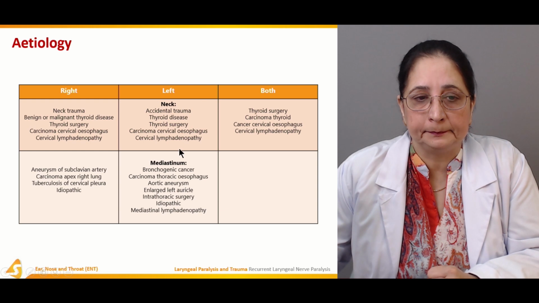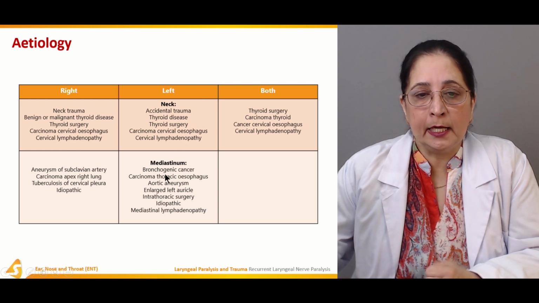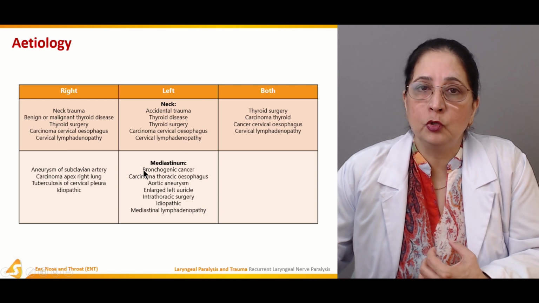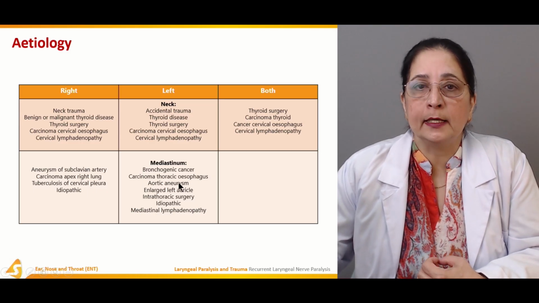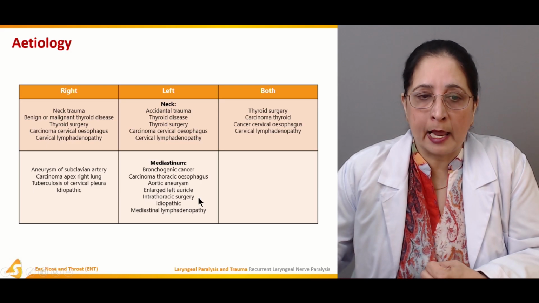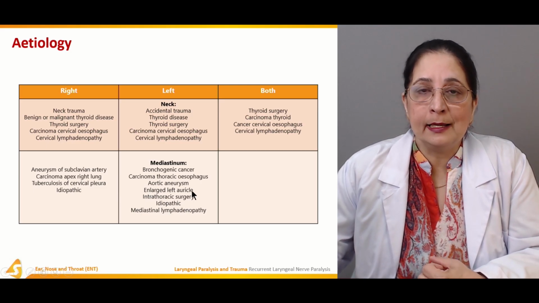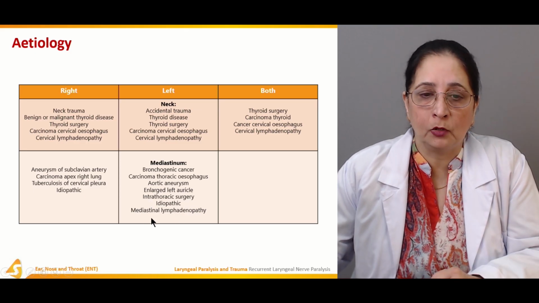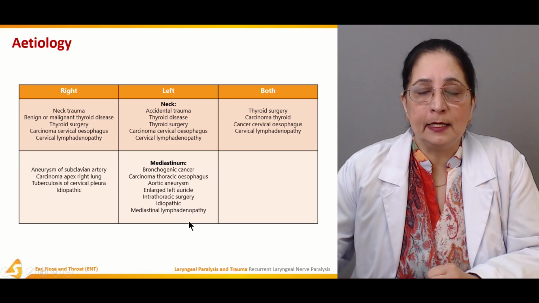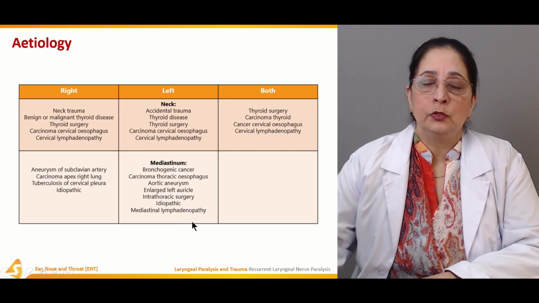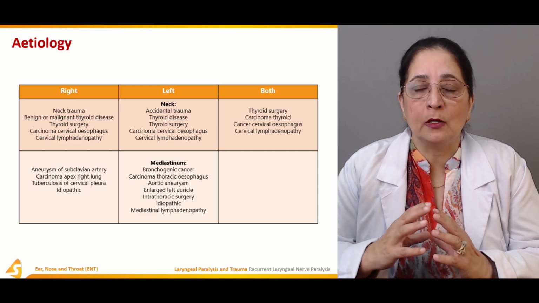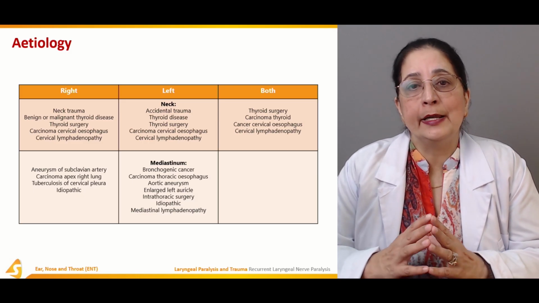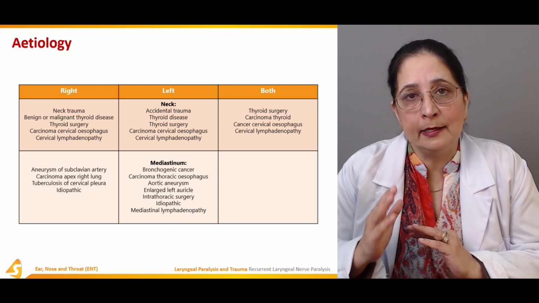In the mediastinum, the left is due to bronchogenic cancer, carcinoma of the thoracic esophagus, aortic aneurysm, enlarged left auricle, intrathoracic surgery, idiopathic causes, mediastinal lymphadenopathy. So these are the causes of paralysis of the left recurrent laryngeal nerve in the neck and in the mediastinum.